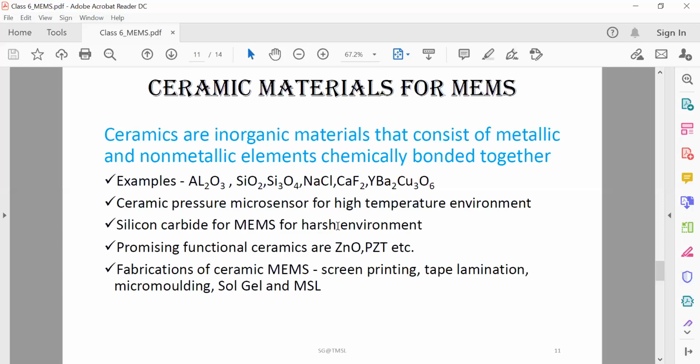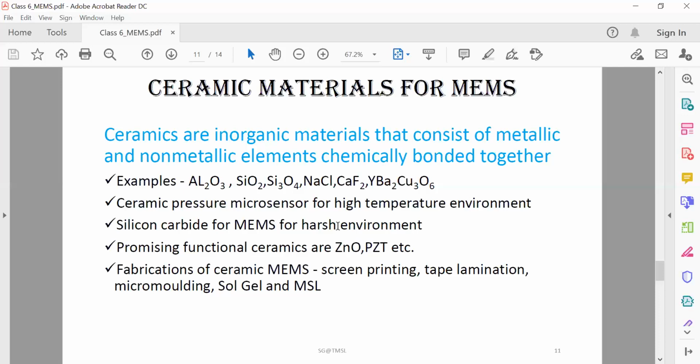The change of resistivity, piezoresistance due to the strain and due to the temperature change will be combined together, and you cannot separate them. Those are the problems at very high temperature.